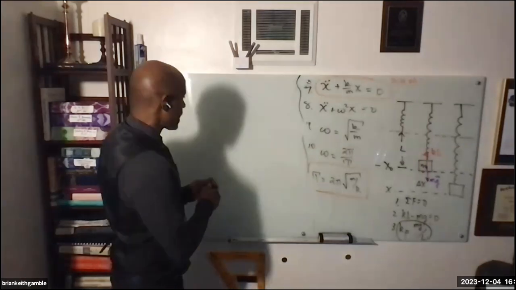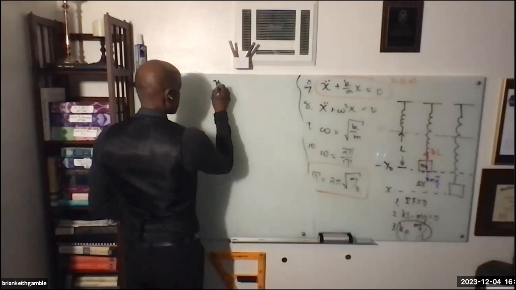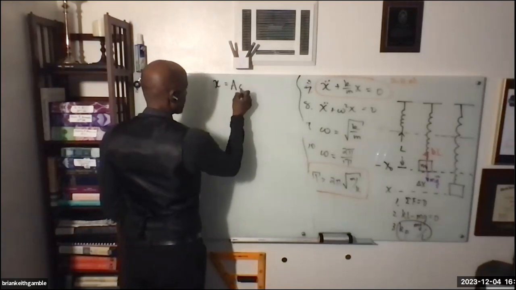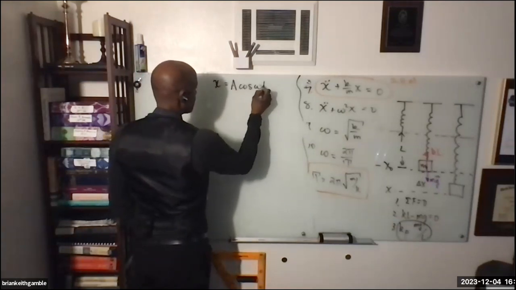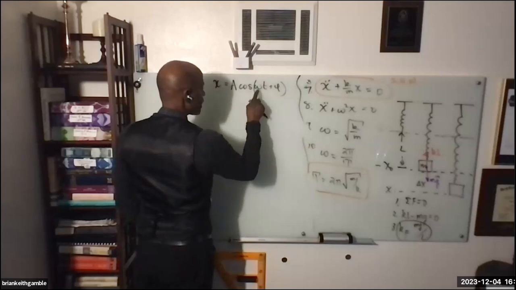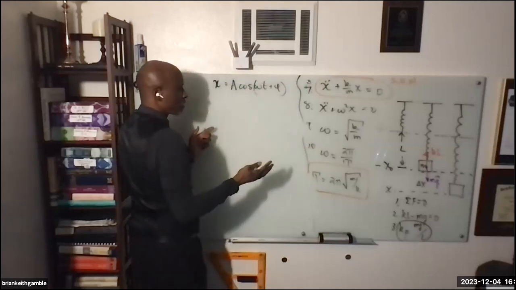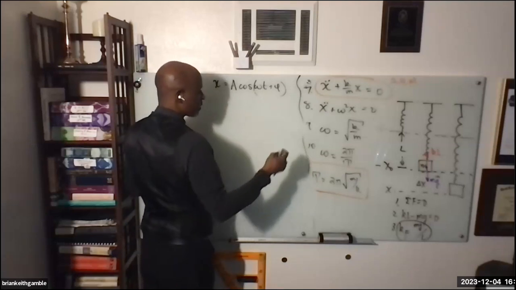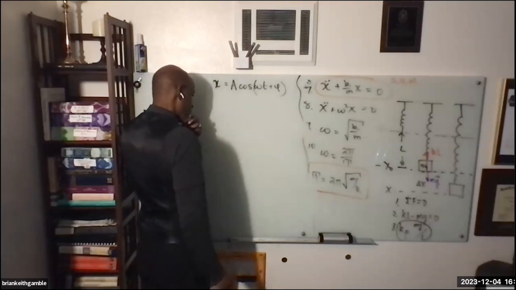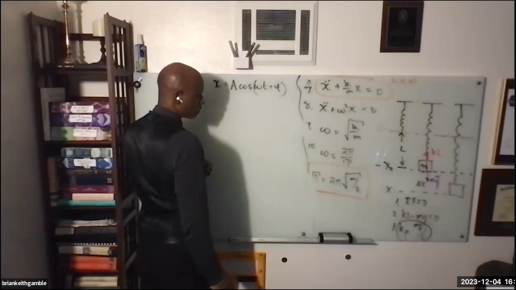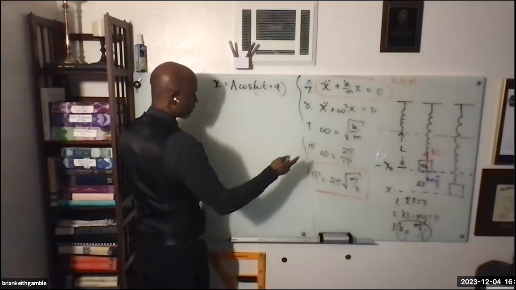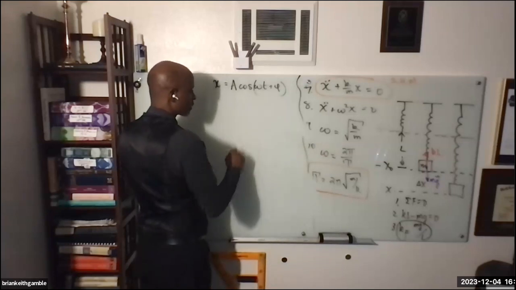The solution to what I wrote down, x equals A cosine omega t plus phi, same solution. The thing is, the omega is now different. The mathematical form is the same. Last time omega was root g over L. This time the omega is root k over m. So it's just different omegas, but same function.